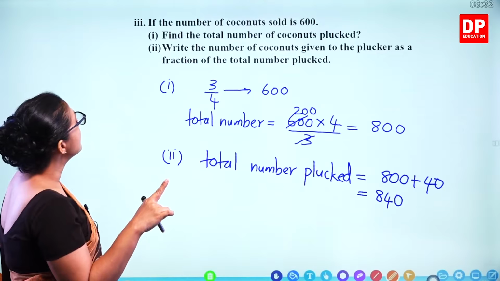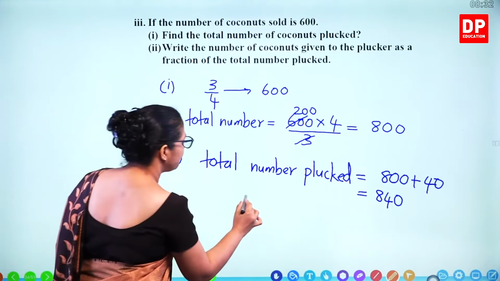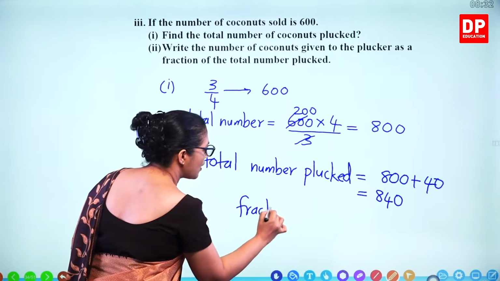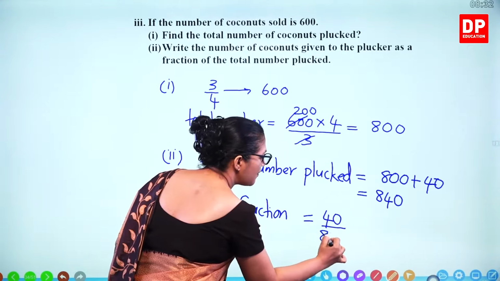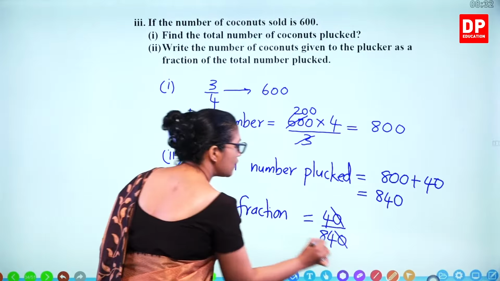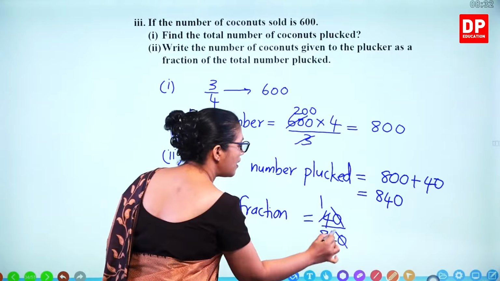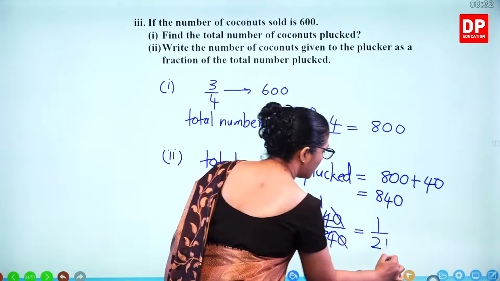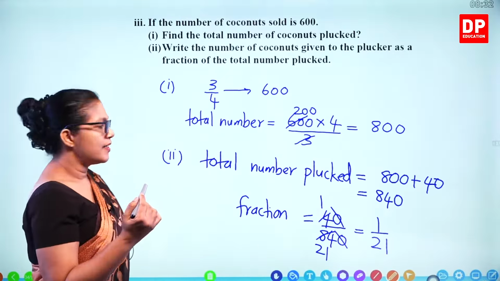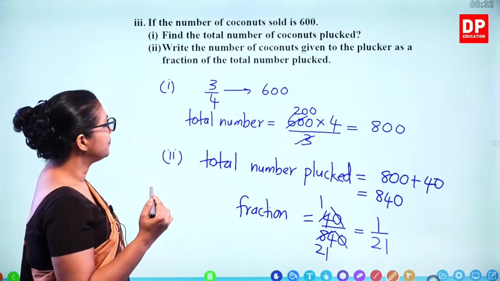He gave 40 coconuts to the plucker. So what is the fraction? The fractional part is 40 out of 840. The 0 gets cancelled out. 4 times 1, 4 times 21. So 1 out of 21 is the fractional part.